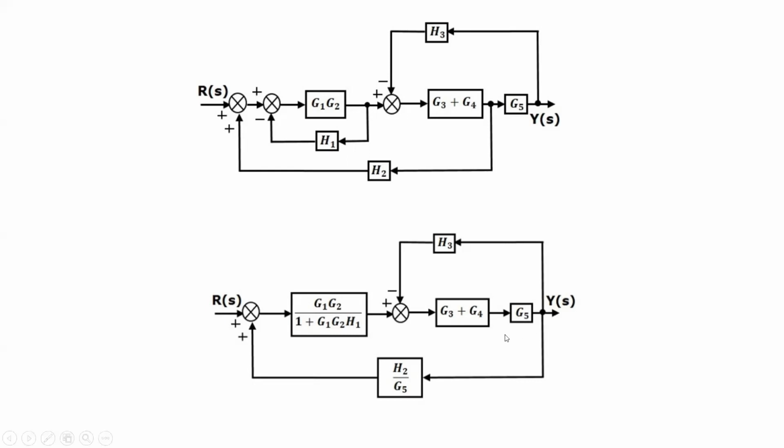So here we have done two things, that is the simplification of negative feedback loop, and we have shifted this takeoff point to the right against this block. So we have divided this with this gain G5 over here.